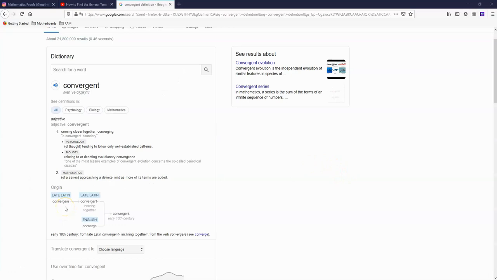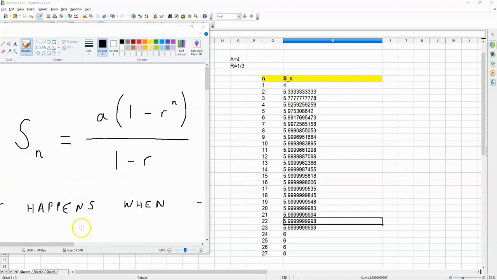Okay, so you may be asking what convergent means. According to Google, it's of a series approaching a definite limit as more of its terms are added. In other words, convergent means the series tends towards a specific value as more terms are added.